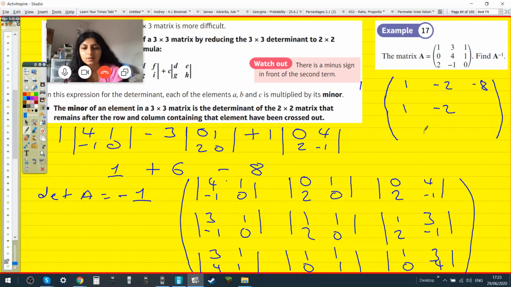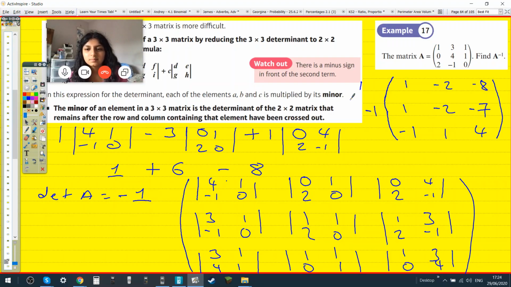No, because we have 6 -1. Isn't it -1, -6? AD minus BC. So I believe that's -7. Yeah, it's -7. -1. 1. 4. And we multiply that by 1 over the determinant. So that would just be -1.